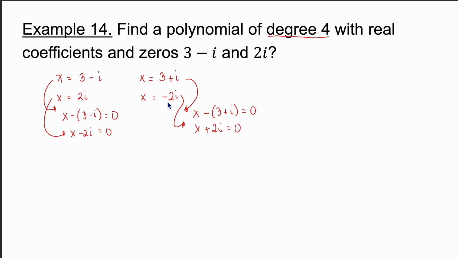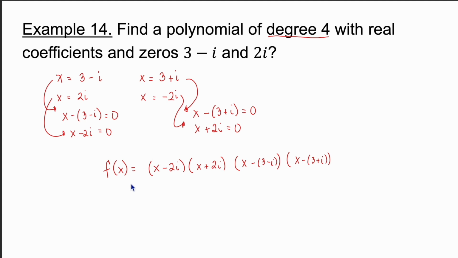Since alam na natin yung apat na factors, then we can now find the polynomial which is x minus 2i times x plus 2i times x minus 3 minus i times x minus 3 plus i.